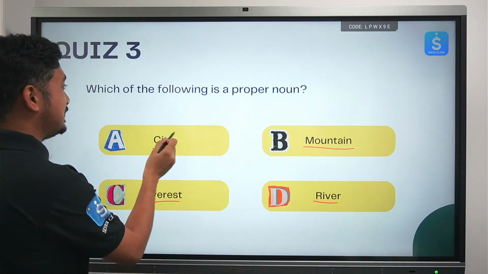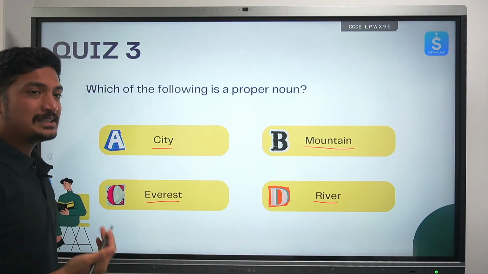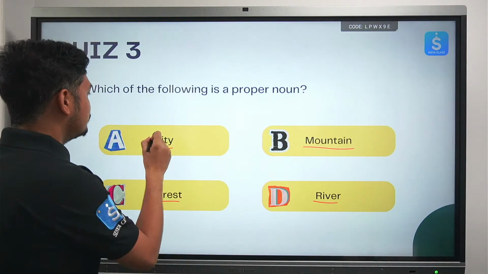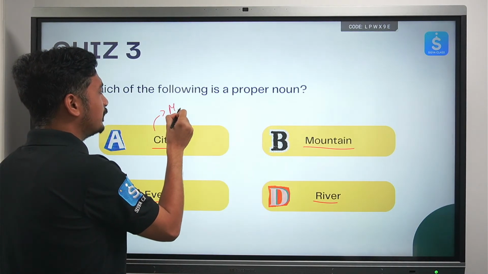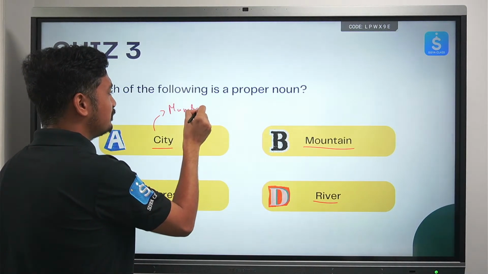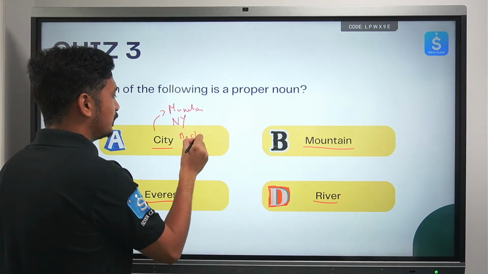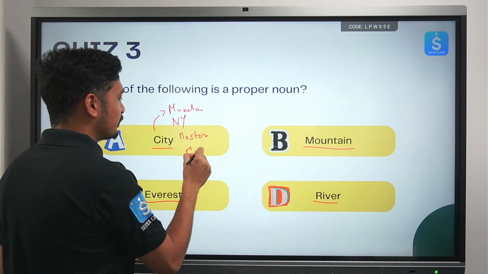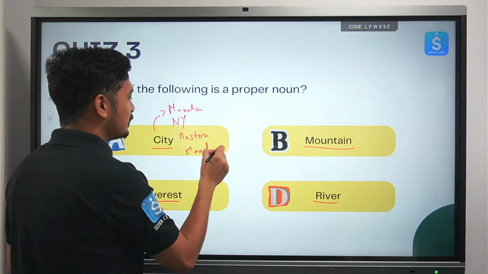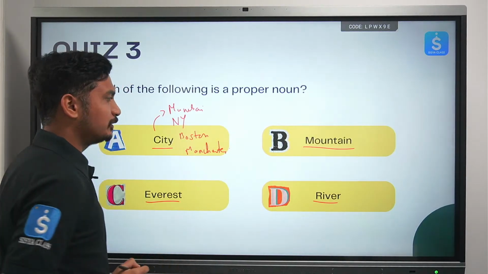What is specific information? When I say city, do we know which city I am talking about? This city can be Mumbai, it can be New York, it can be Boston, it can be Manchester. Any of these cities can be there. We don't know about that, isn't it?